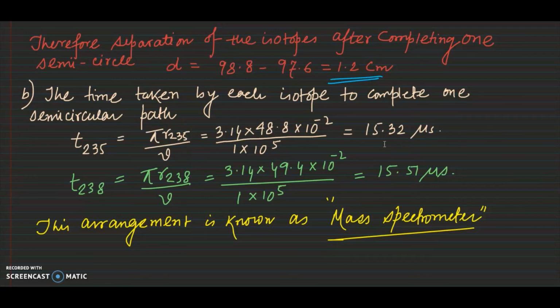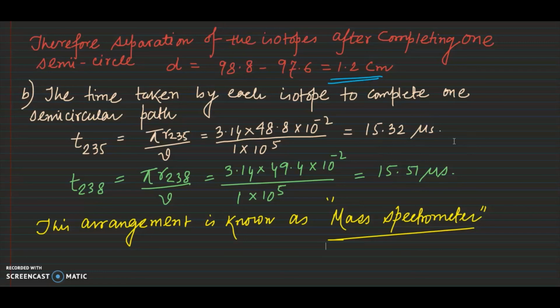So it becomes 15.32 microsecond, and for T238, with the same expression pi r238 divided by v, I get the time taken for this isotope to complete one semicircular path as 15.51 microsecond. Initially they started the journey at the same time, but along the semicircular path they will take different times.